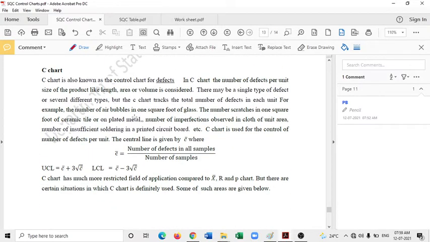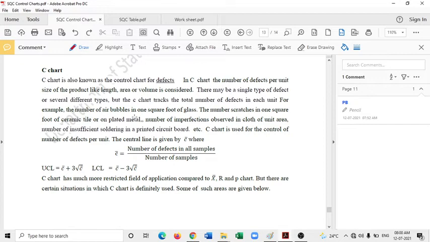The C chart is based upon the number of defects in a unit area, say 1 meter length of the product or 1 meter square area of the product, etc. So we count the number of defects occurring in this unit space, unit length or unit area, and that's given by this C chart.